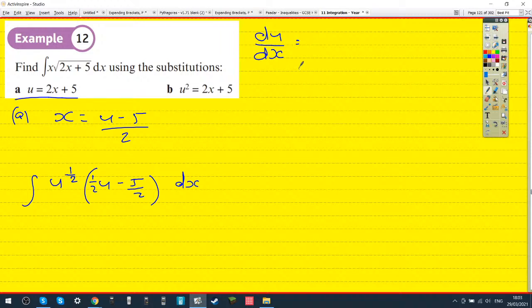So that's going to be 2, and so du equals 2 dx. And so dx is equal to du over 2. Yeah, I'll just write it as a half du.